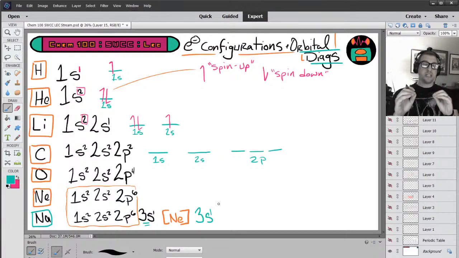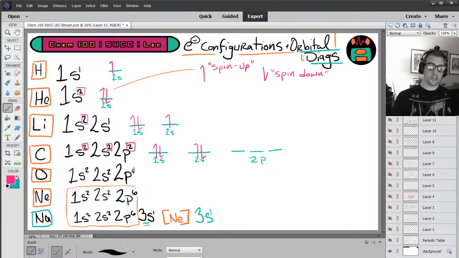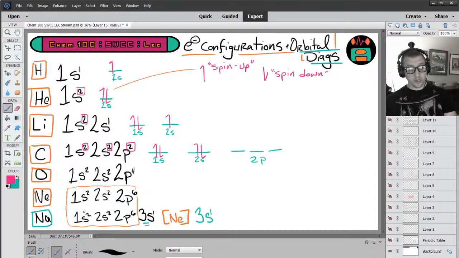So when you're dealing with a p subshell, you have to draw all 3 p orbitals out within that subshell. In our 1s subshell, we have 2 electrons. In our 2s subshell, we have 2 electrons. In our 2p subshell, we also have 2 electrons.